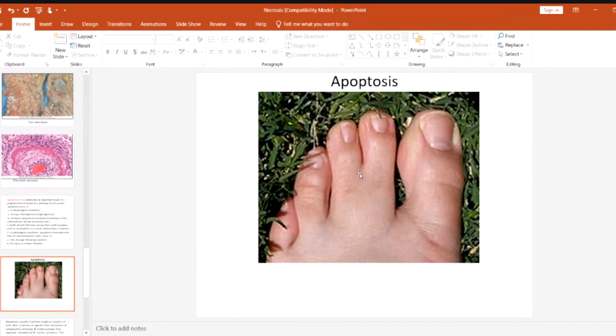This patient has abnormal apoptosis here. Normally, this patient needs apoptosis at this point to separate these two toes. Here, there is no apoptosis. These cells remain, so that's why they present like this, fused together.